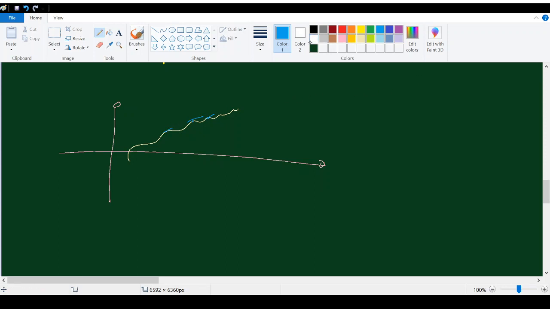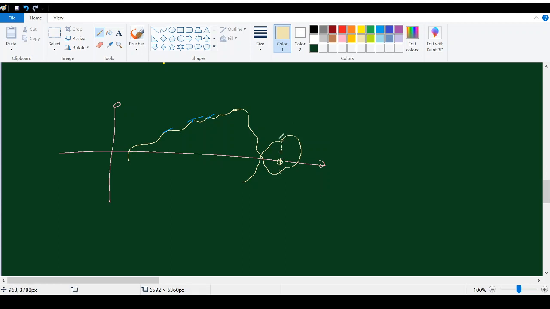But suppose we have a curve like this. Clearly this is not a function, because for this x coordinate you have two corresponding y coordinates. So that violates a property of a function.